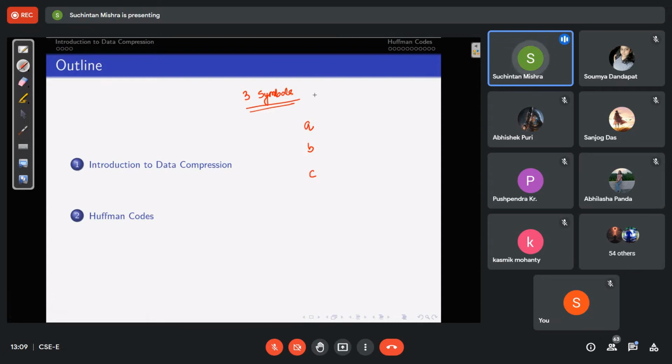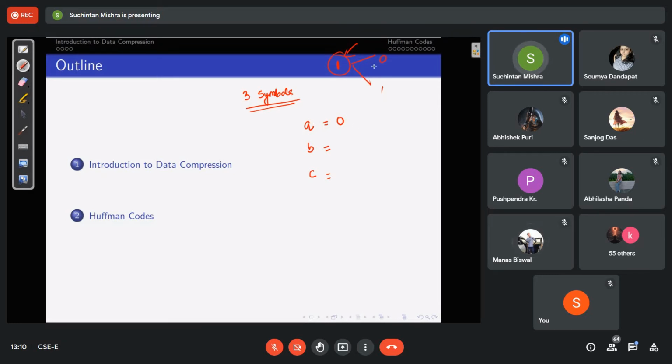Now for these 3 symbols, minimum how many bits are required? If I take 1 bit, is it possible to represent 3 symbols? No, sir. Why not? Because 1 bit means either it can be 0 or it can be 1.